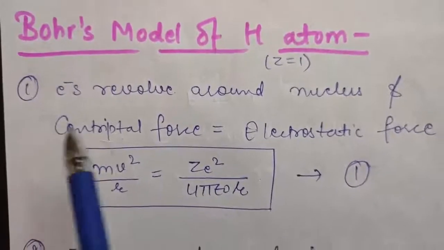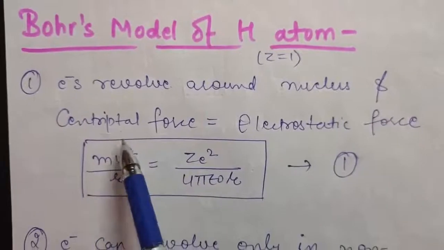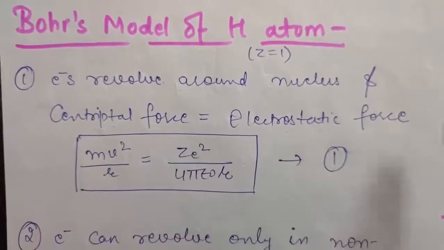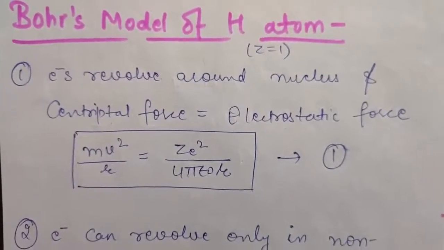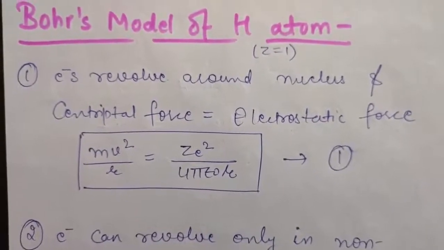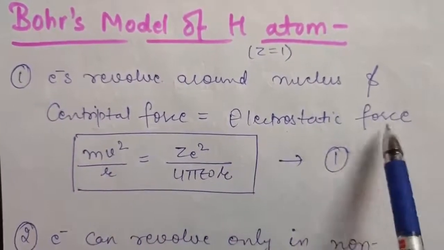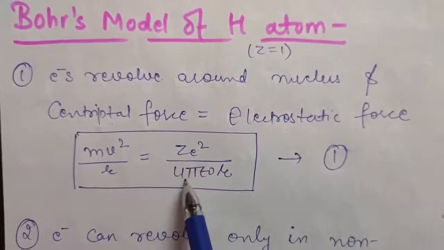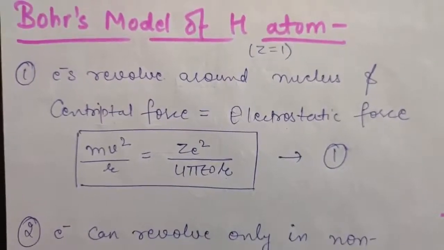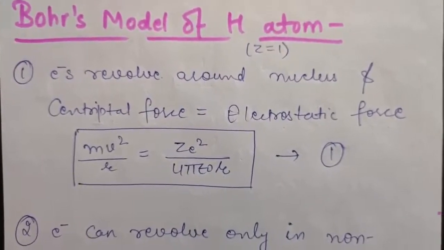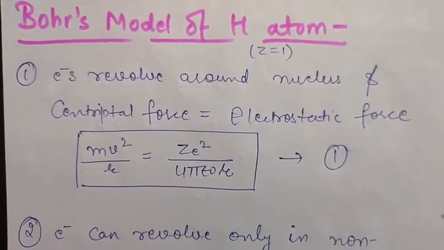The first postulate was that the electron revolves around the nucleus and the centripetal force required by the electron is equal to the electrostatic force between the nucleus and the electron, same as we have studied before, that is mv²/r = Ze²/(4πε₀r), where Ze is the charge of the nucleus and e is the charge of the electron. So if you are writing it for hydrogen, you can take Z equals 1.